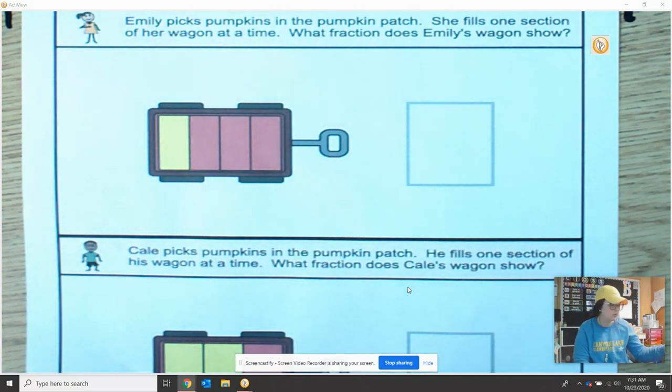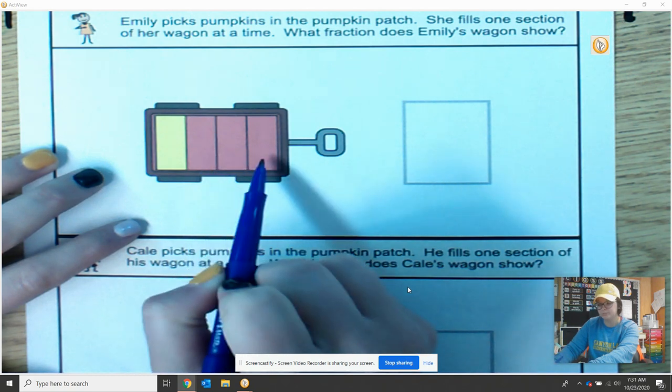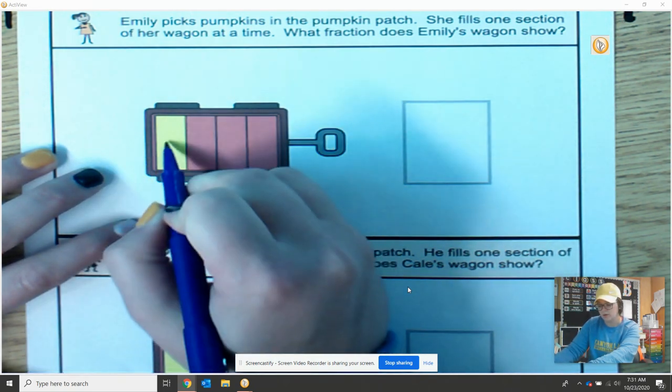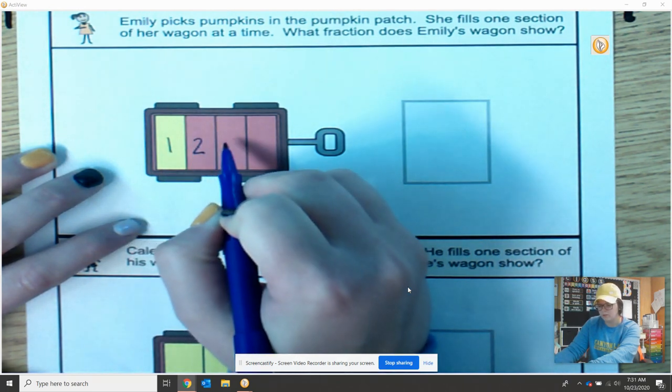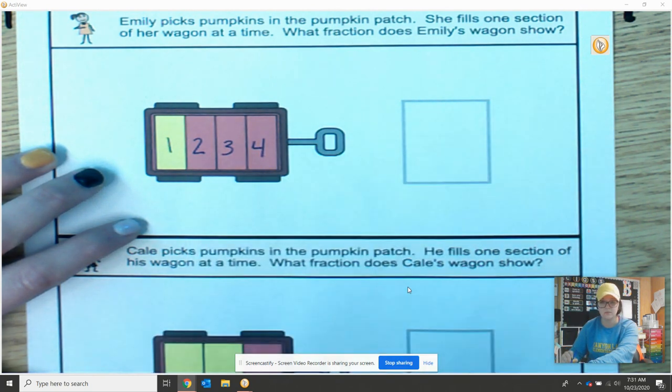So I'm going to use this time to take a pen, or pencil, whatever you have, sorry. I'm going to take this time to count how many parts of the wagon there are, or how many sections, okay? So I have 1, 2, 3, 4 sections.